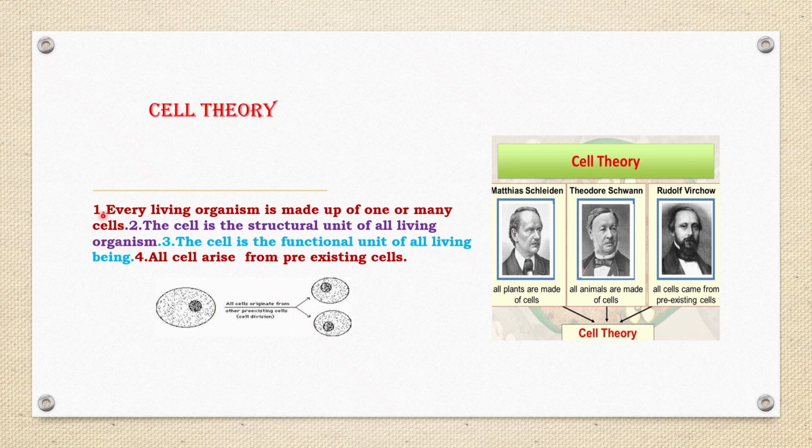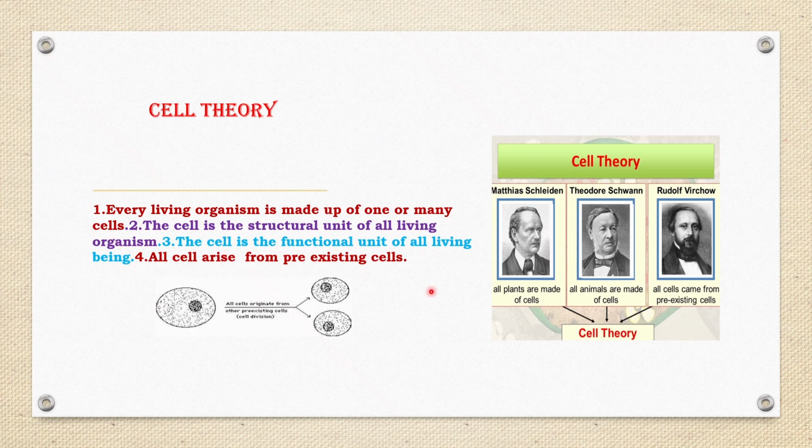So the question comes, what are the postulates of cell theory? Here there is a list of four. Every living organism is made up of one or many cells. Understood? Second, the cell is the structural unit of all living organisms. It means they provide structure to the cell or the body. The cell is the functional unit of all living beings.